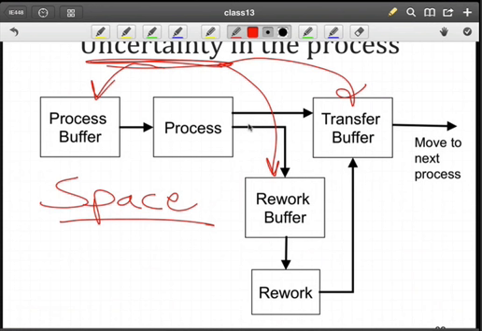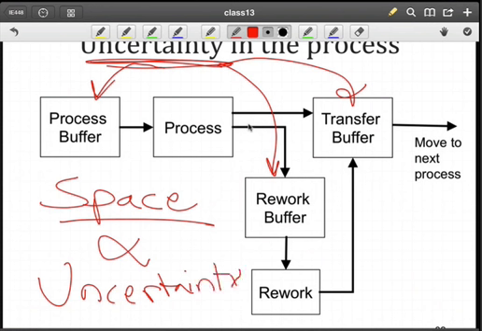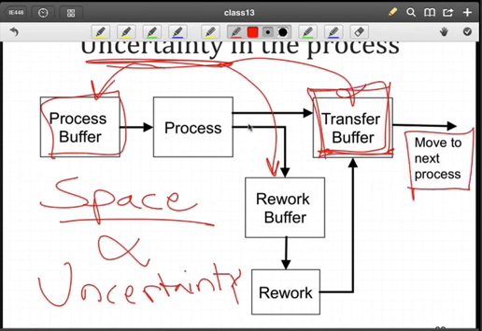So as uncertainty increases, we're going to have space allocated that is proportional to uncertainty. The greater the uncertainty, the larger amount of buffer we're going to need in each of these areas. So if I'm uncertain about when I'm going to move to the next process, then I'm going to increase the size of this buffer to allow greater variation, and so we'll build up some inventory of parts here that can move to the next process.